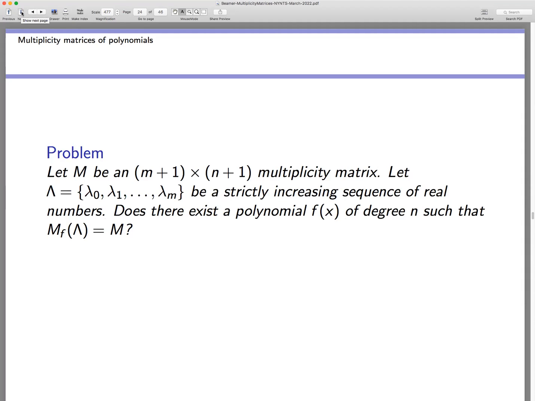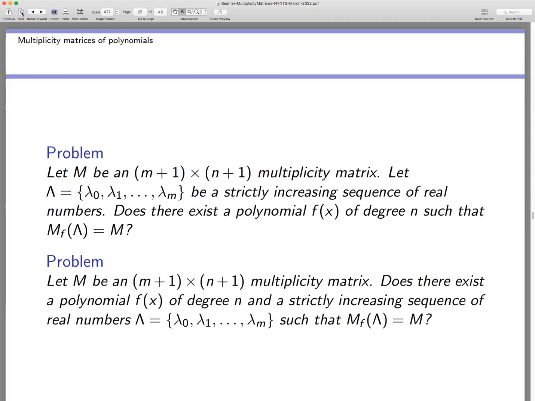And the second question, which is somewhat less restrictive perhaps: suppose you have a multiplicity matrix. Does there exist a polynomial of degree n and some increasing sequence of real numbers for which your multiplicity matrix is the multiplicity matrix of f with respect to lambda?